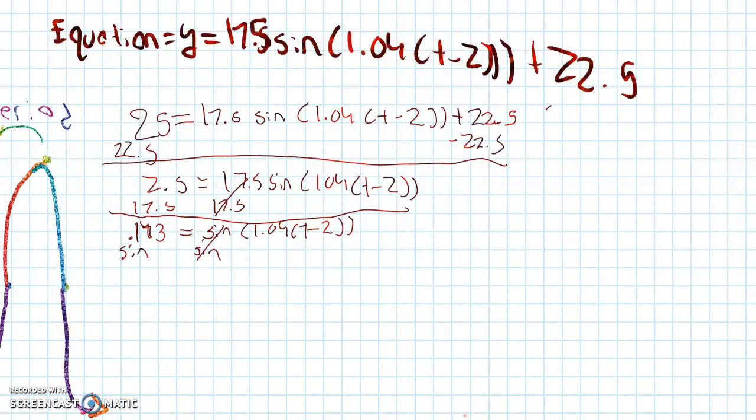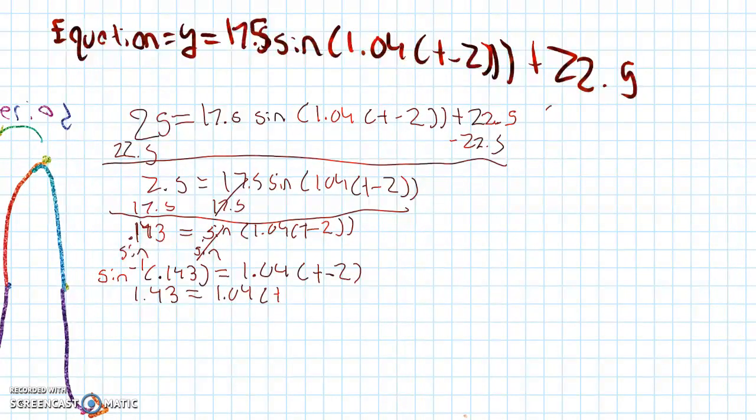We do the inverse on both sides. Instead of doing sine, we are going to do inverse sine of 0.143. The equation would be inverse sine of 0.143 equals 1.04 open parentheses t minus 2. The simplified is 1.43 equals 1.04 open parentheses t minus 2.